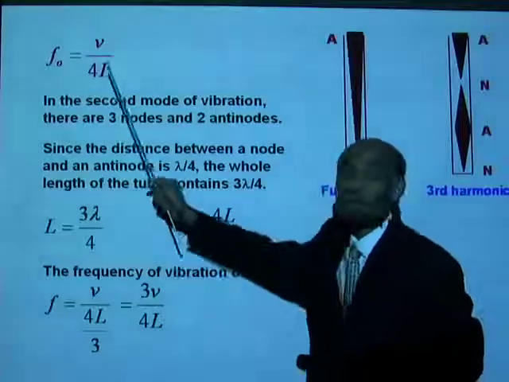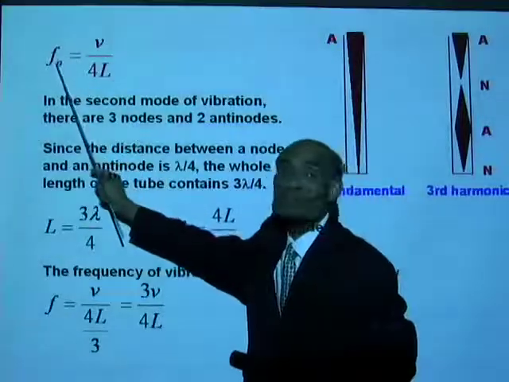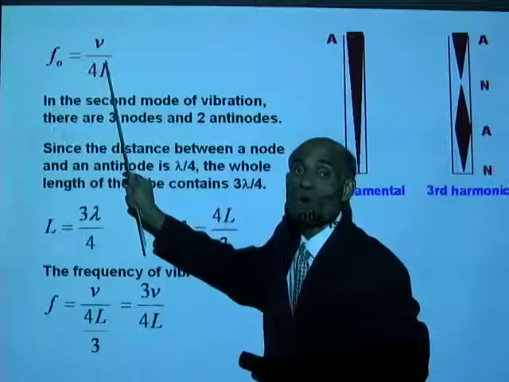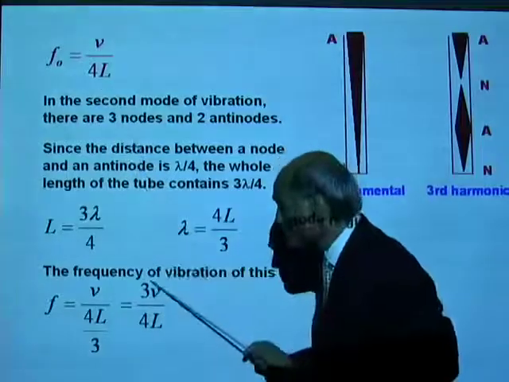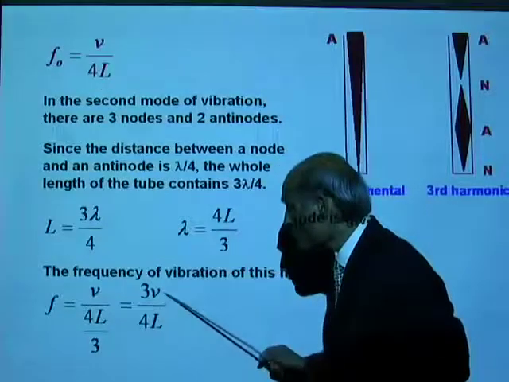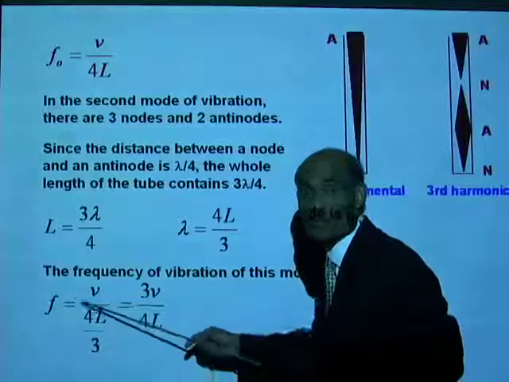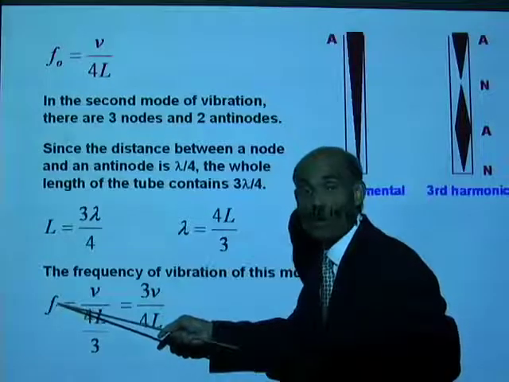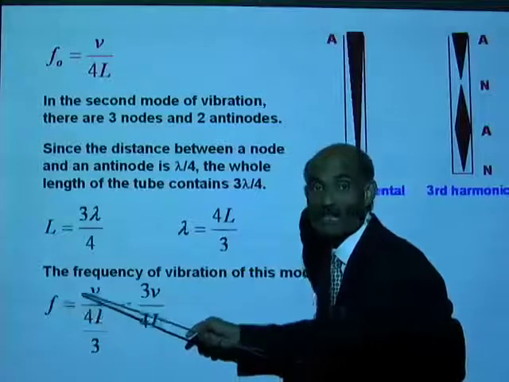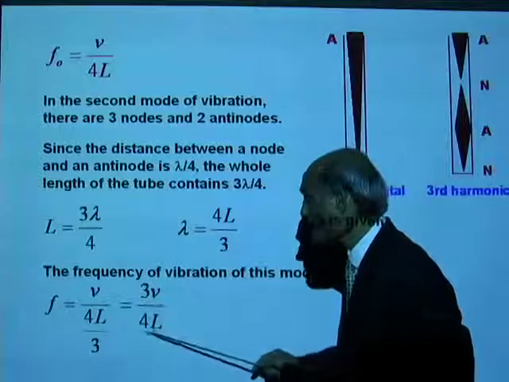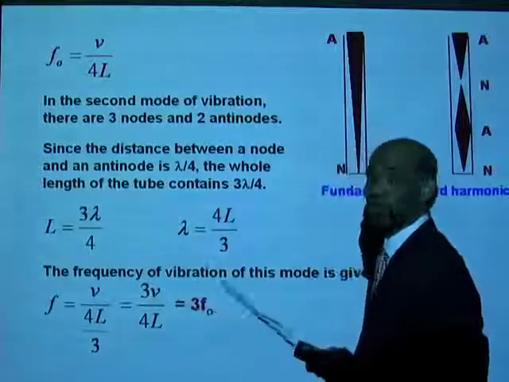But if you remember, the fundamental frequency is v over 4L. So this v over 4L is the fundamental frequency. Therefore, in the next mode of vibration, the frequency equals 3 times the fundamental frequency.